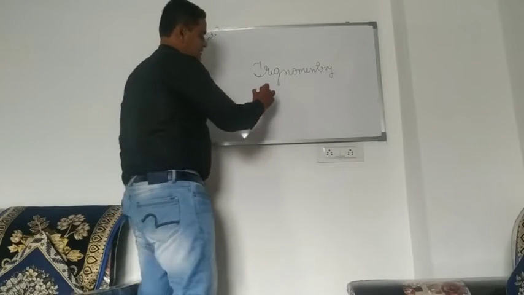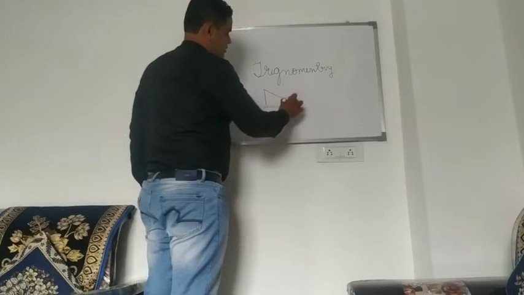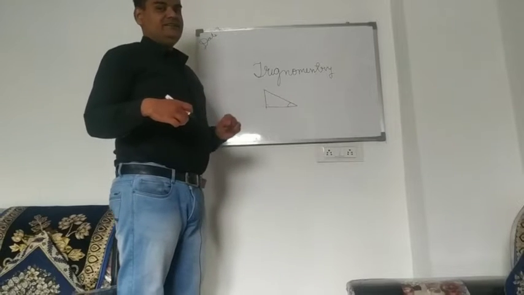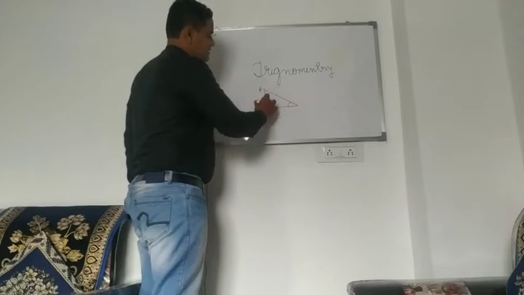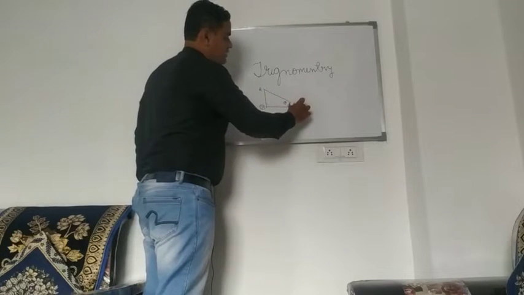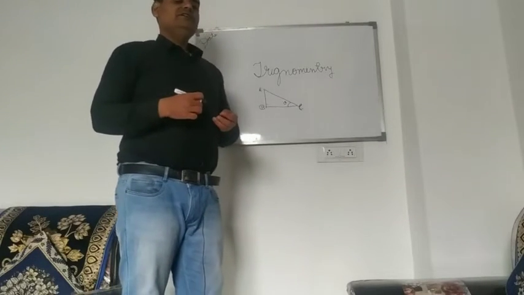Suppose this is a triangle. If we know the angle, we can find out the different sides, or if we know the sides A, B, C, we can find out the different angles of the triangle.